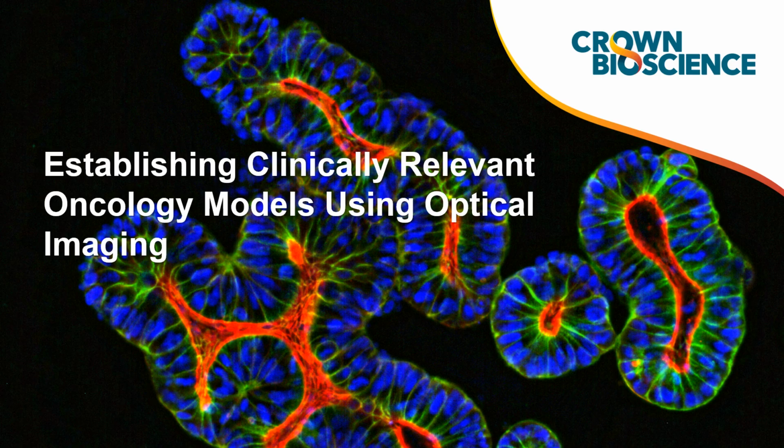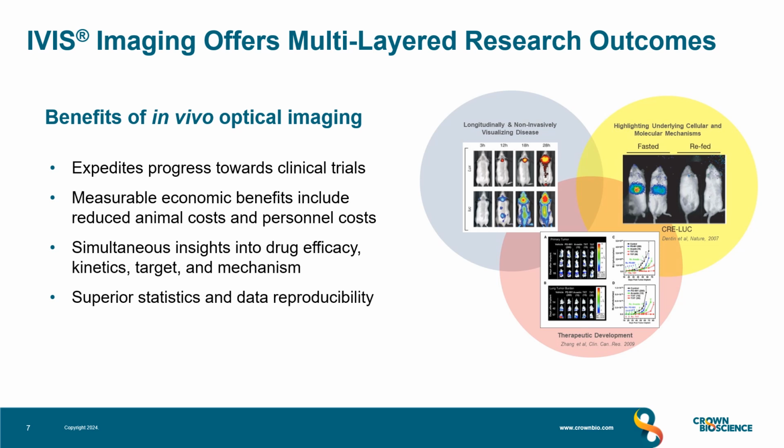So for the next few slides, I want to discuss the establishment of clinically relevant oncology models using optical imaging. At Crown, our optical imaging is performed using an IVIS in vivo imaging system. And this has a number of benefits. It expedites progress towards clinical trials.